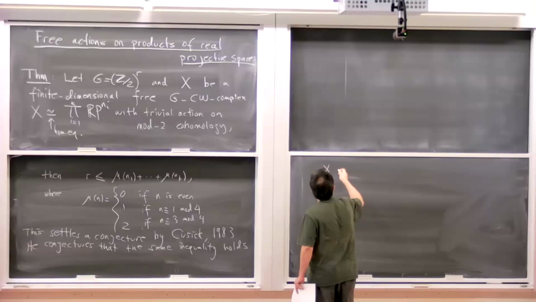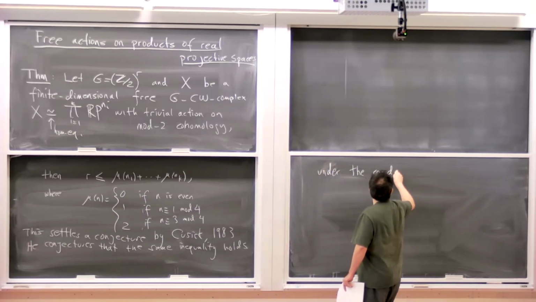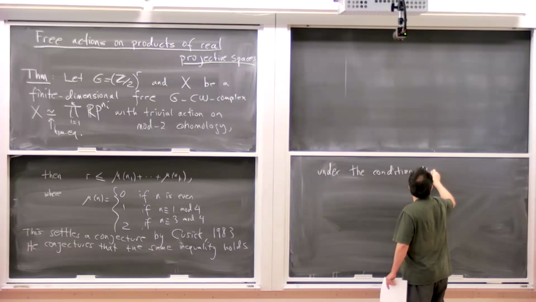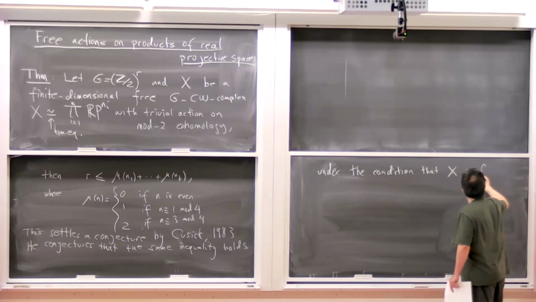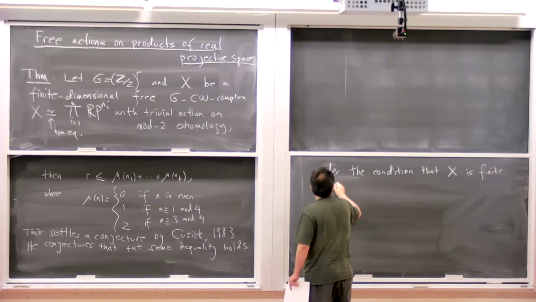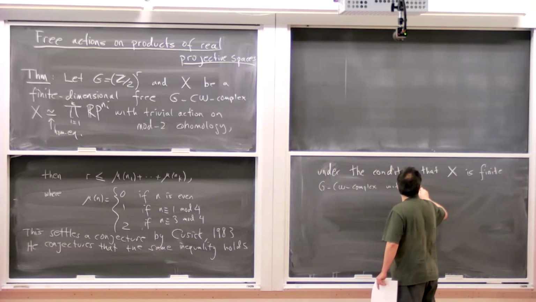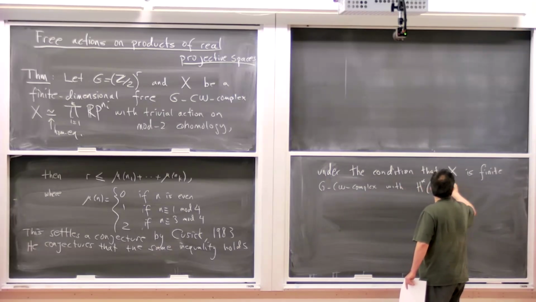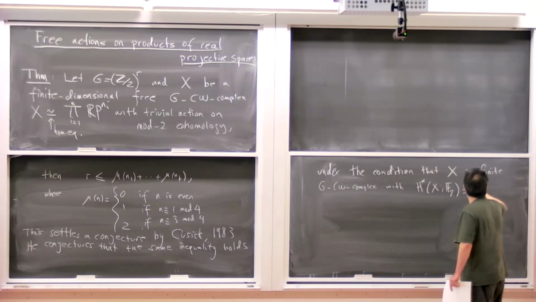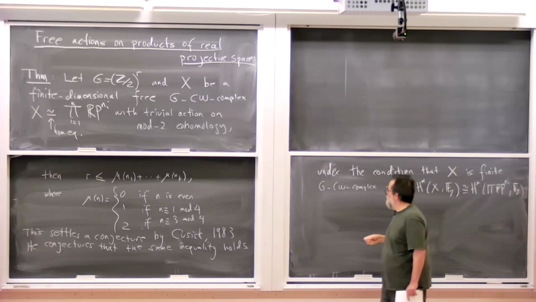So he actually stated it under the condition that X is a finite G-CW complex with the F2 cohomology of a product of real projective spaces, with trivial action on mod 2 cohomology. He stated it as finite, but I don't think it matters.